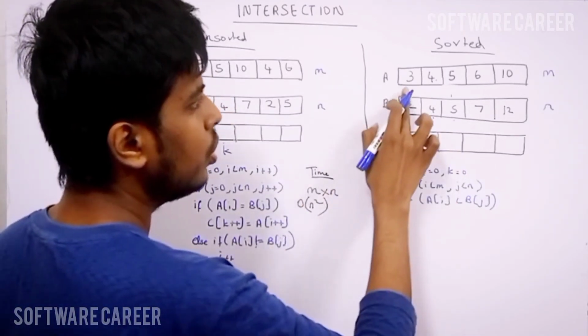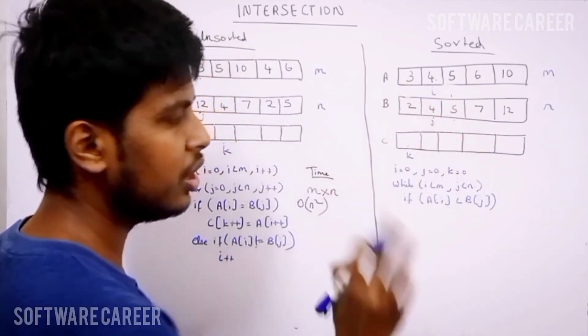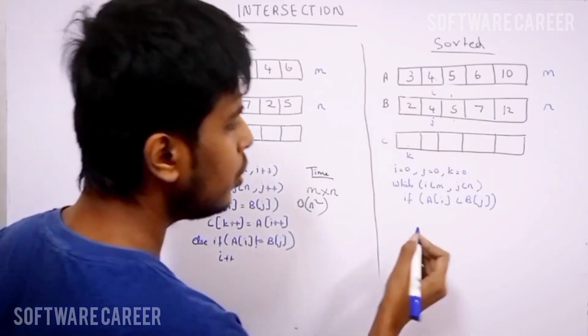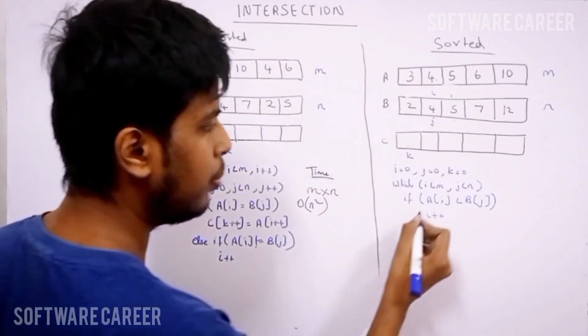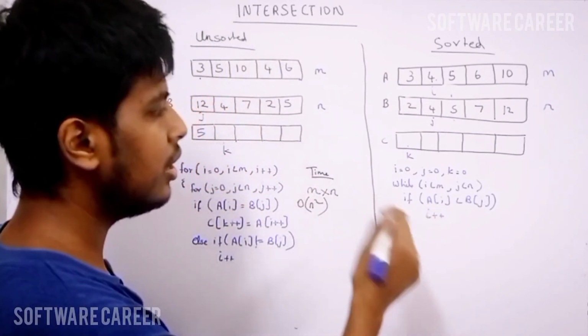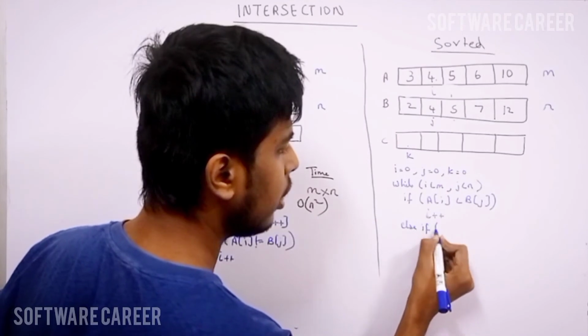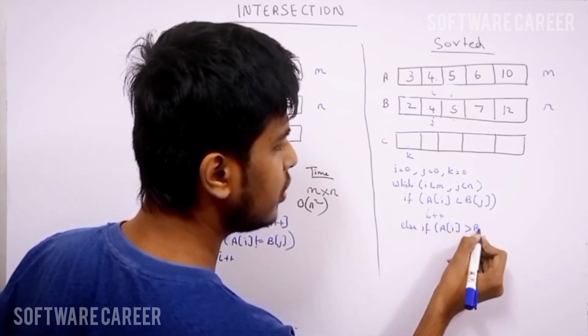So what should you do? You should move this i towards here. You should not copy this 3 over here. You should not copy because they are different. Now you should move the i value. So i value increases by 1. So I am writing i plus plus. Now the other condition: else if a of i greater than b of j.